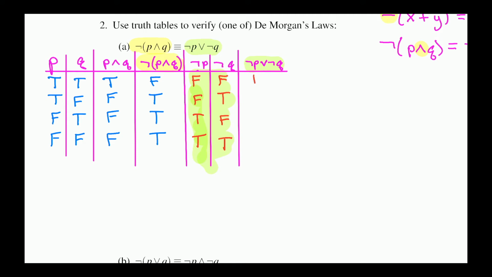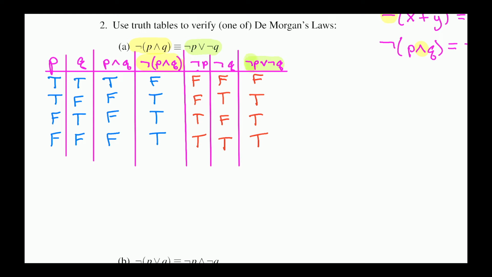False or false is false. False or true, true or false, true or true, true, true, true, right? All of these are true because they have a true in it.